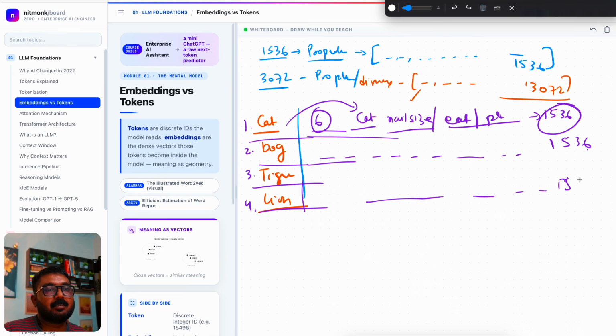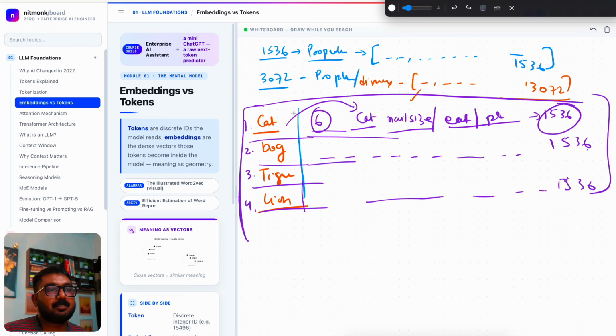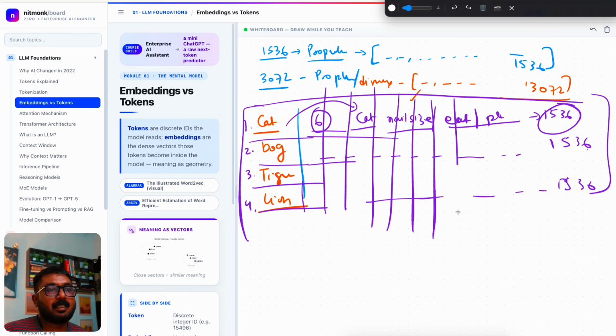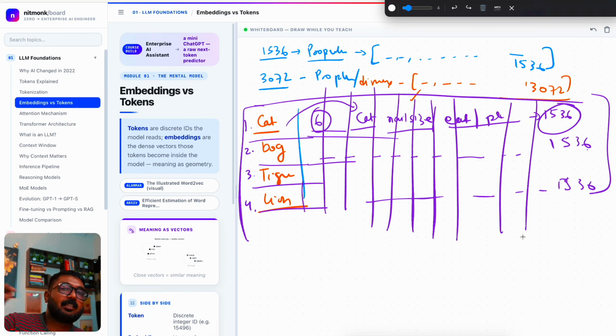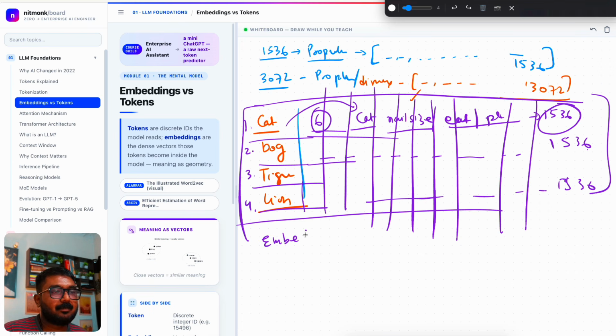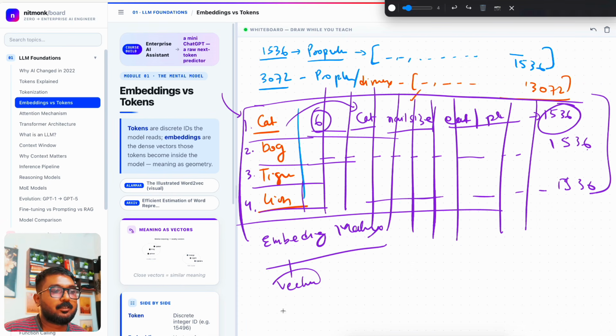And these dimensions, till 1536 or 3072, this becomes the embedding matrix. This becomes an embedding, or a vector, that represents the cat.